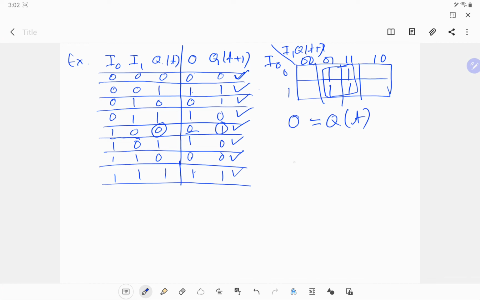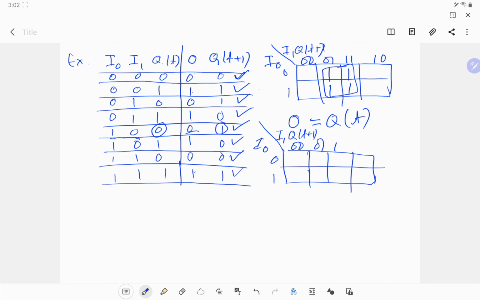It's easy. Now for the second one, I0, I1, Q(t), and the output Q(t+1): 0 1 0 0 0 1 1 1 1 0, then 0 1 1 0 0 1 1 0 1 0 0 1.